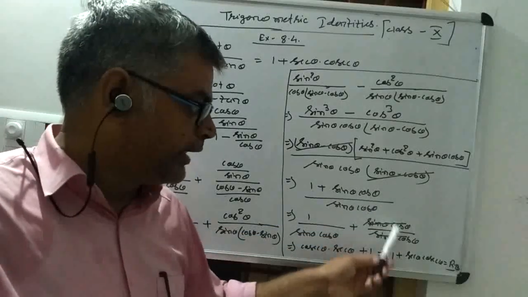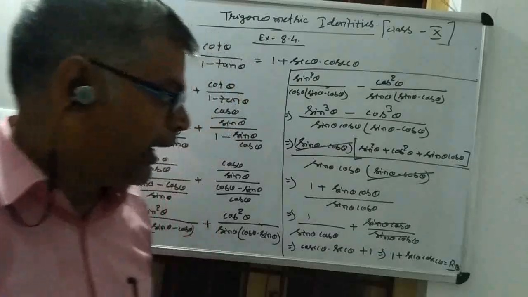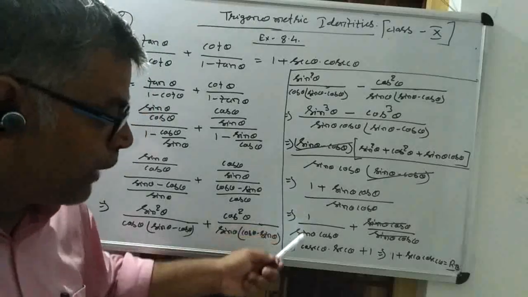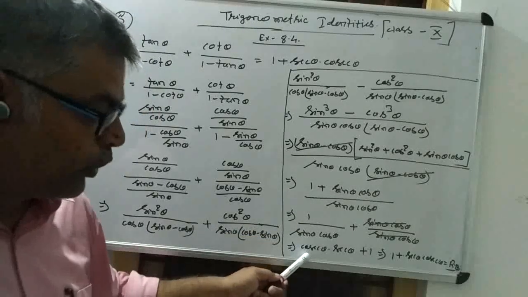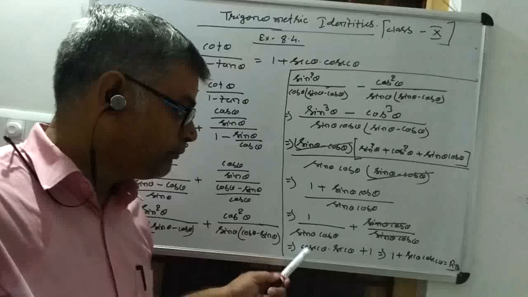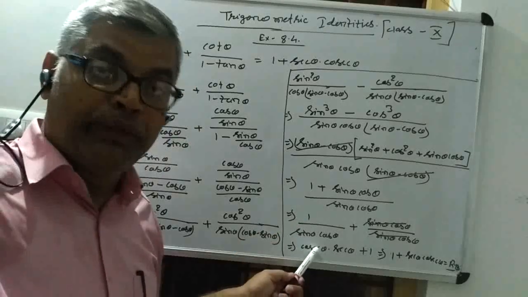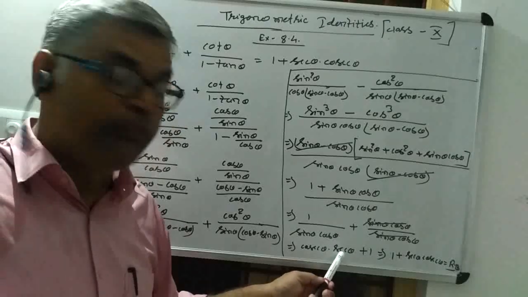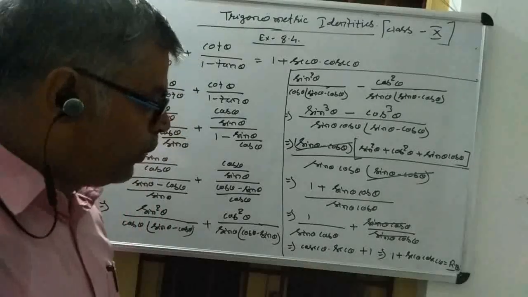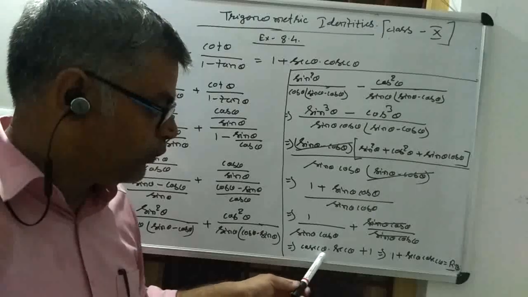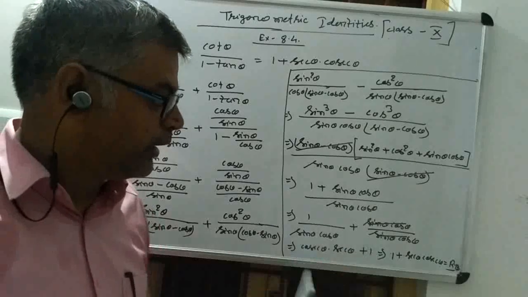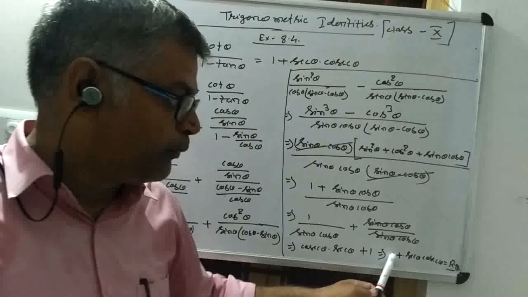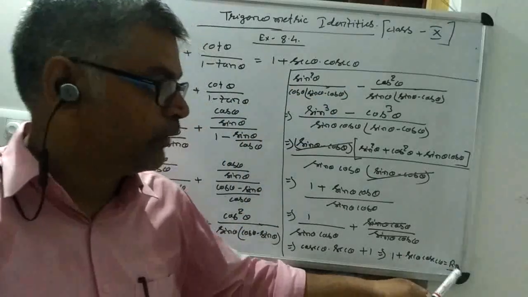The second term cancels to give 1, and 1 by sin theta can be written as cosec theta, and 1 by cos theta can be written as sec theta. So we got cosec theta into sec theta plus 1, which is our RHS part. You can arrange it as 1 plus sec theta into cosec theta, equal to RHS.